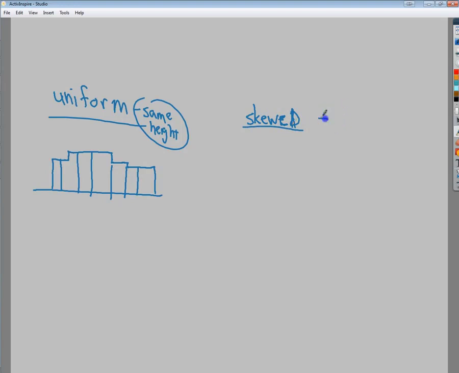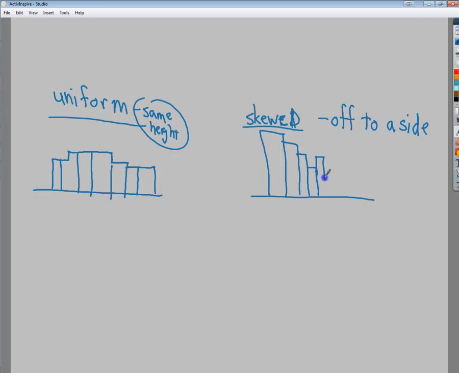Skewed histograms would be off to one side. Have a whole bunch of stuff up here. But as it goes, it tends to sort of move out. You even have a little buffer there, but still, for the most part, a lot of it's over here.